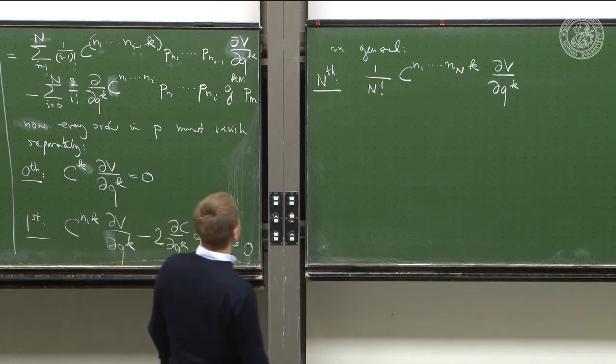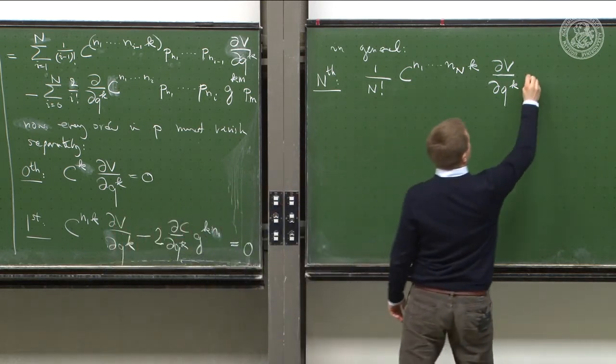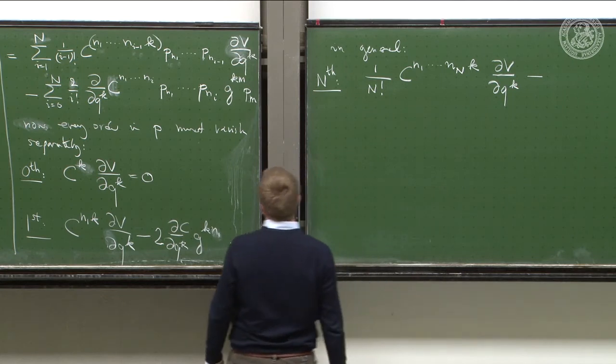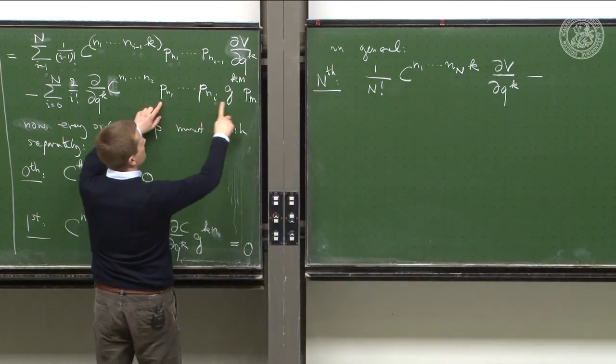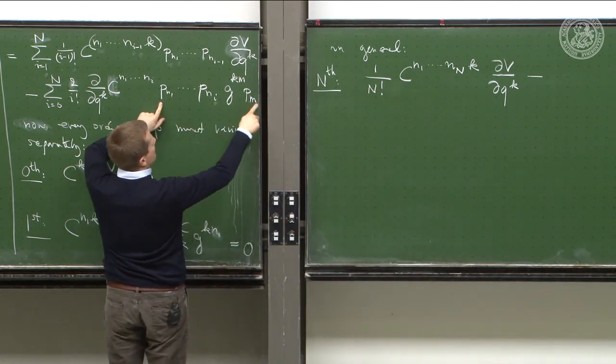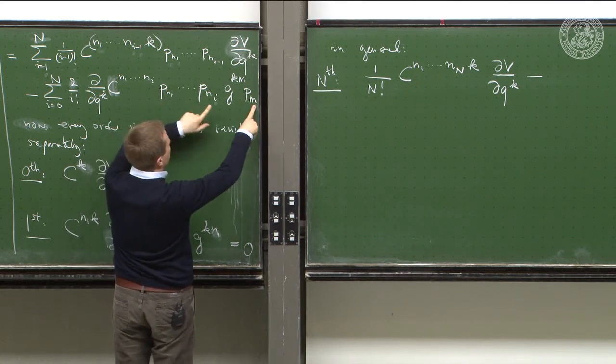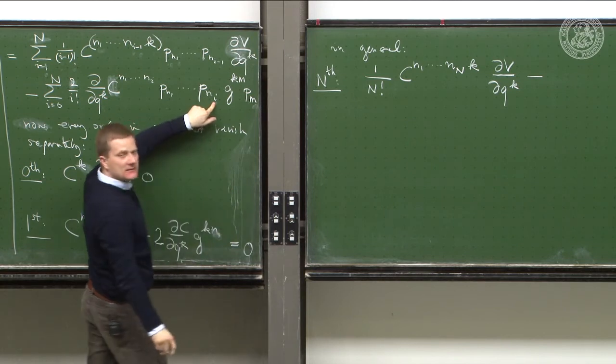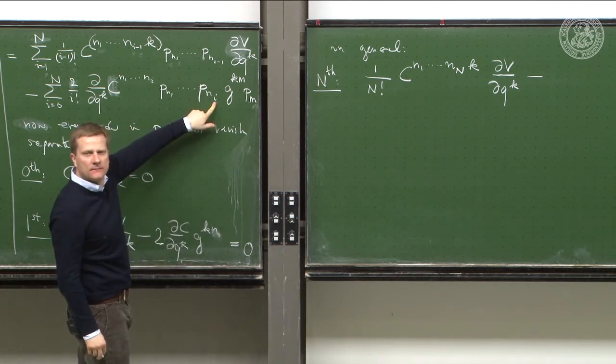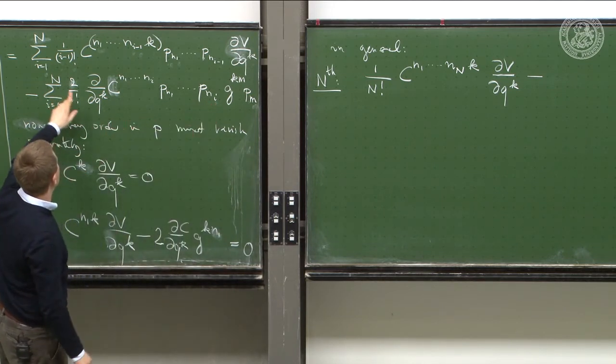That's this guy. And from the second term, I want the guys with n p's. Now, there is an extra one here. So I have capital N p's if the I is n minus 1. N minus 1. I is n minus 1.